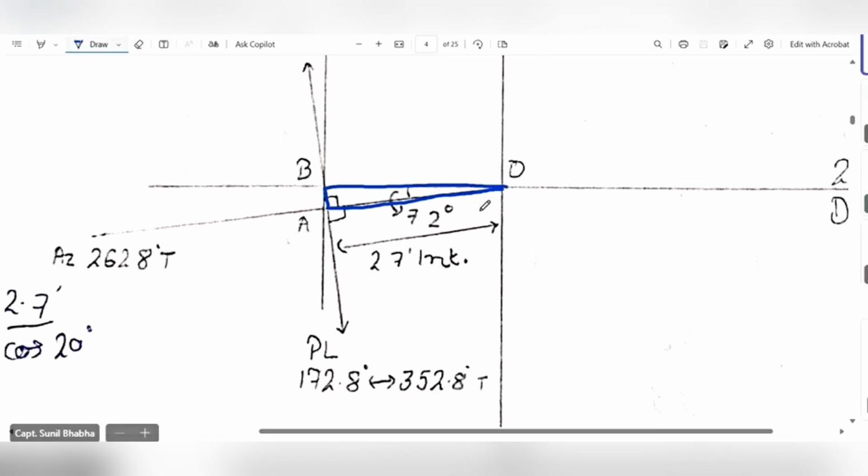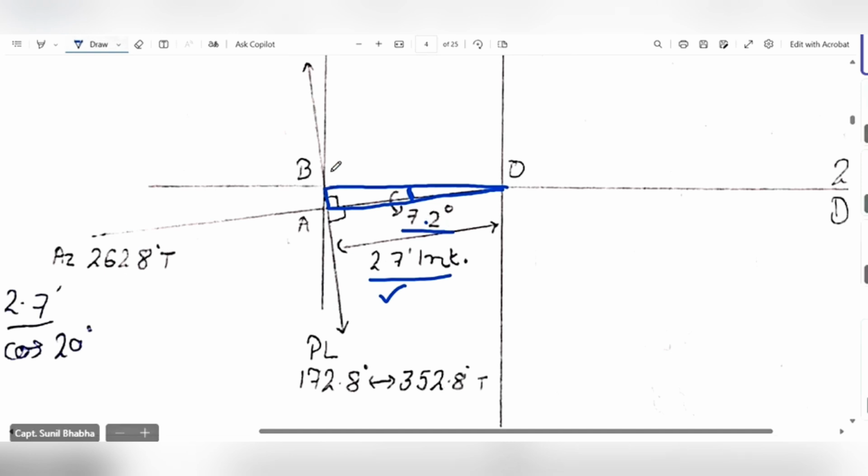In this triangle, he knows the side Oscar to Alpha is the intercept. This is known to us. And he also knows this angle Alpha Oscar Bravo. This can be obtained from the azimuth of the body. This, I think, comes to 7.2 degrees. So this angle is also known.